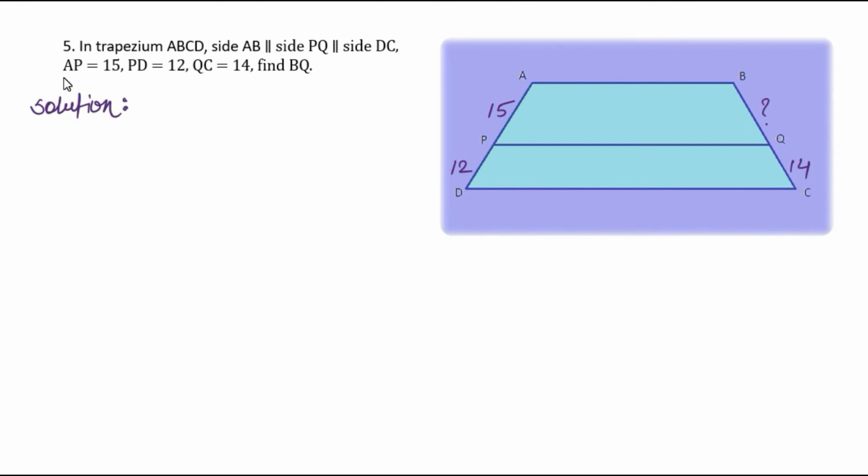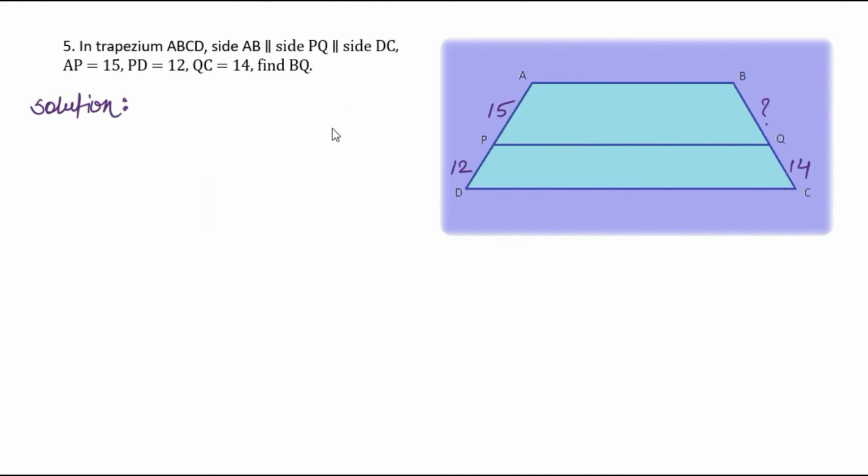Okay, this is the case of parallel lines and the transversal. Look carefully. AB, PQ and DC are the parallel lines. This is given. But if we take AD and BC, then these are the transversals.